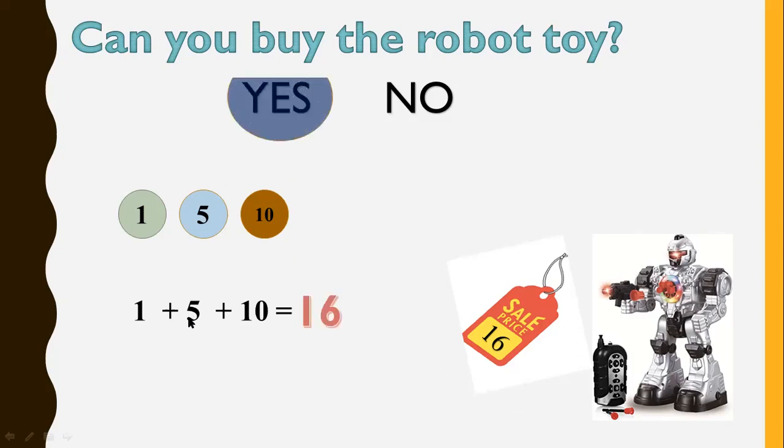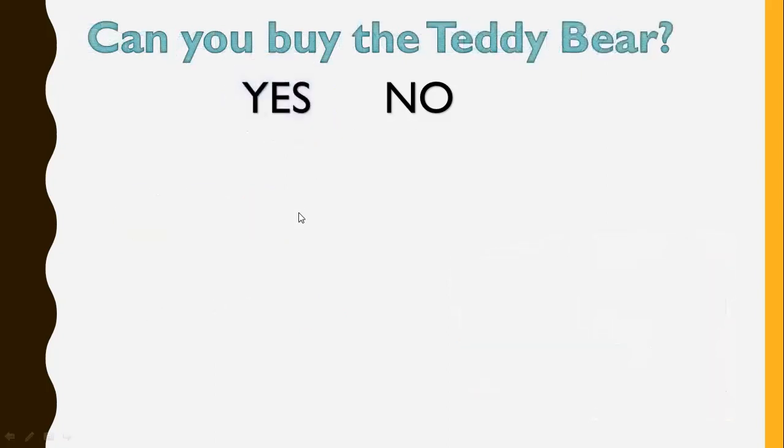Yes, we can buy the robot toy, as we have the equivalent amount of money in our pocket. So again, Abdullah, Tuwergi and Albara are right that we can buy the robot toy. Okay, moving on to the next question.